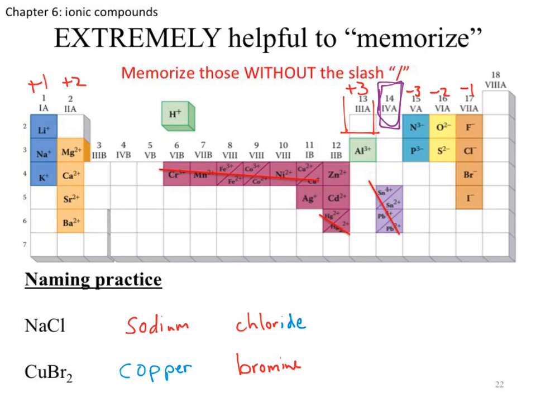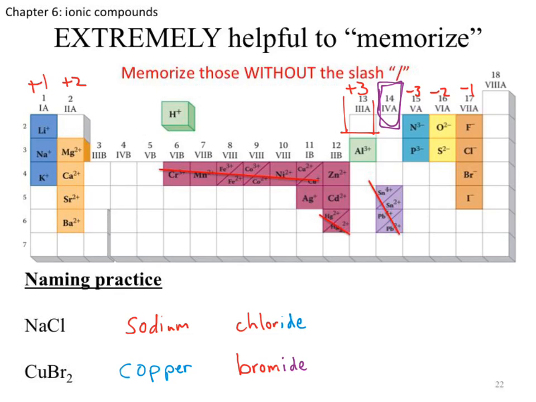Is bromine by itself? No, it is in a compound with copper. So I must change the name to make sure it is now clear that it is in a compound. I remove the suffix and change it to bromide, just as we did with the last one. And we now have copper bromide.